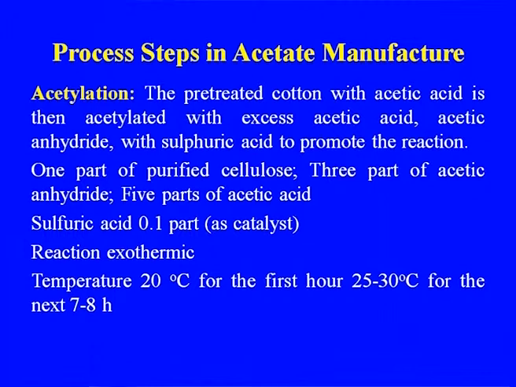So, 1 part of the purified cellulose, 3 parts of the acetic anhydride and 5 parts of the acetic acid, with sulfuric acid as catalyst 0.1 part. The reaction is exothermic, the temperature is around 20 degrees centigrade for the first hour and 25 to 30 degrees centigrade for the next 7 to 8 hours.